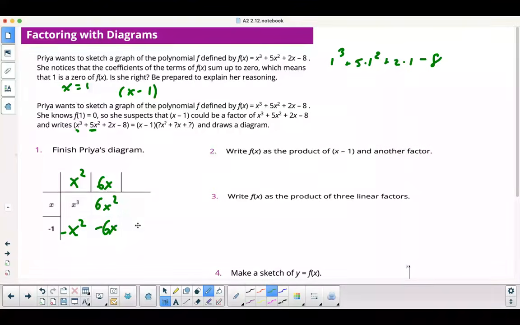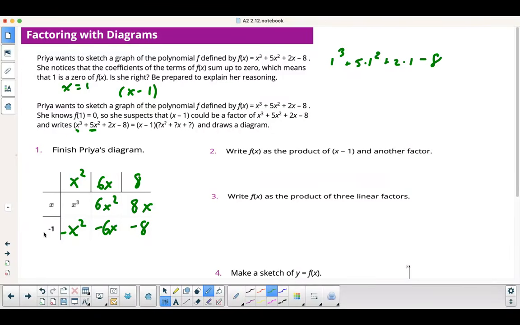You know your constant is negative 8 here, so I could just fill the constant in here. You're always going to put the lead term and then the constant term in the top left for the lead term, bottom right for the constant. Negative 1 times 8. And then this one would be 8 times x. Okay, you're just kind of working backwards there.